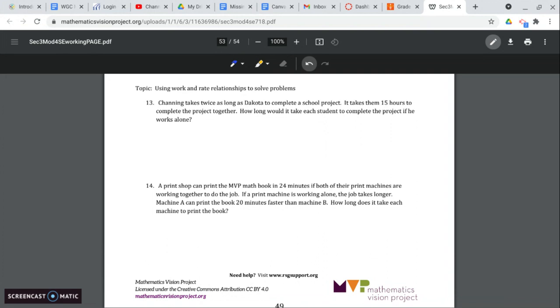So, if it takes Channing twice as long to complete a school project, that means we'd say Channing equals 2 times Dakota, and if together C plus D equals 15, we're able to solve. So we substitute, we have 2D plus D equals 15, so we have 3D equals 15, divided by 3, divided by 3.